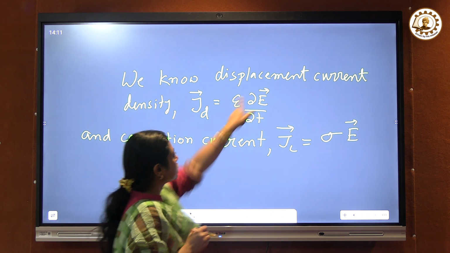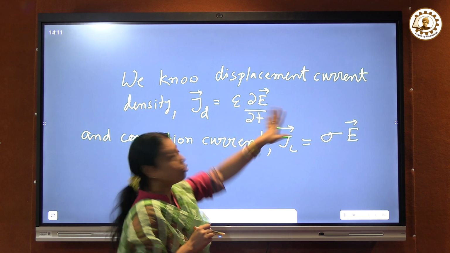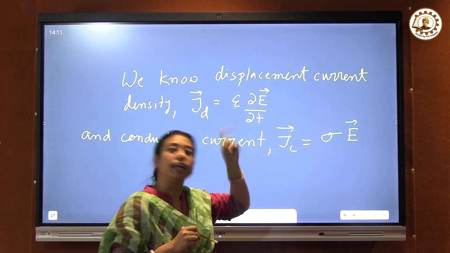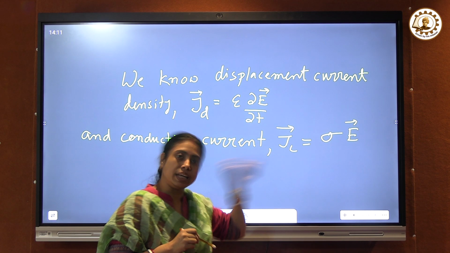What we will do is, this E vector we will consider the given x component of the electric field.